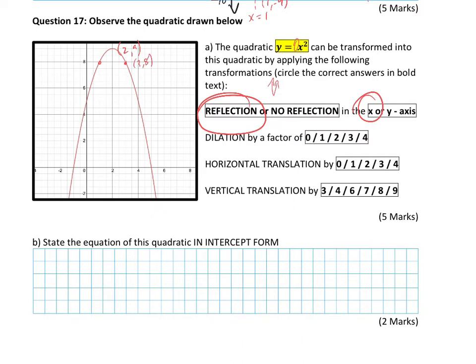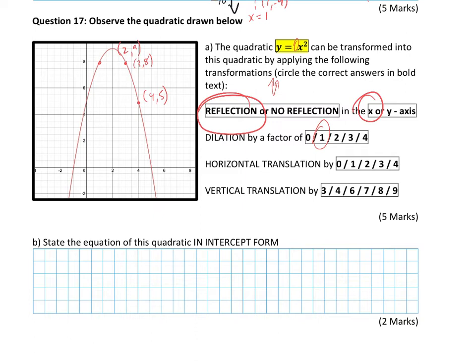So when it went across by 1, it also went down by 1. Let's check one more. This one is at 4, 5. So it went from 9, it went down 4. So that's a normal quadratic situation. So it's not dilated by anything. It's by a factor of 1.